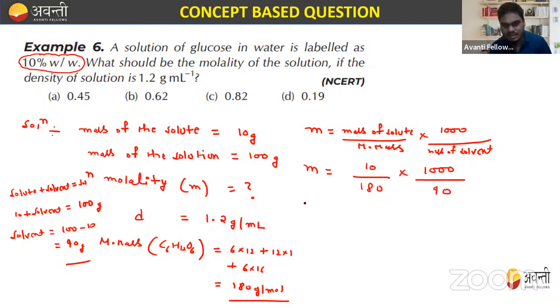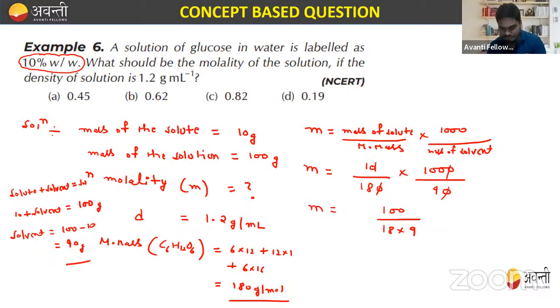Just solve this. There is no role of density in this question, right? So zero by zero cancel. So what you'll get, beta? That is 100 divided by 18 into 9. Okay, so solve this value, beta.